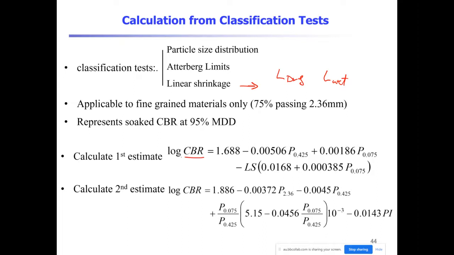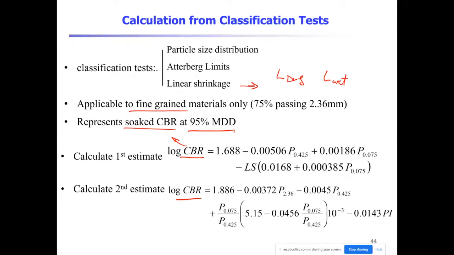So by using these two equations, you calculate CBR. But what is this CBR? For which type of soil are we talking about? This CBR value is for fine grain material, for a soaked sample at 95% maximum dry density.